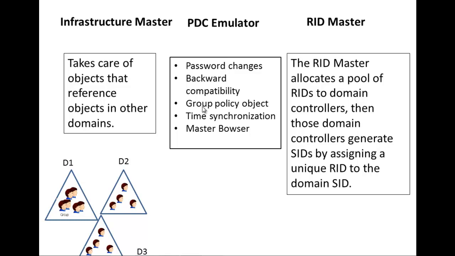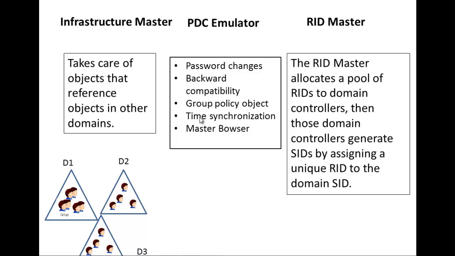Without the PDC emulator, the two GPO versions could not be reconciled. Because what happens is that the change goes to the PDC emulator, and the PDC emulator will then send those changes out to domain controllers, so that you will not have the situation where the two GPOs will not reconcile.